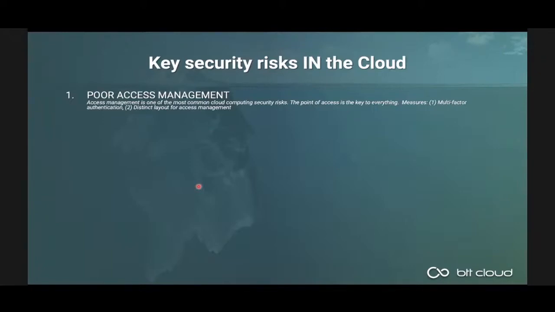Most security vulnerabilities and most data leaks in the cloud happen because of poor access management, and basically hackers have a very easy way of simply taking over the access and going into our resources, stealing them, leaking them, or whatever, without even putting too much effort into breaking some firewalls.